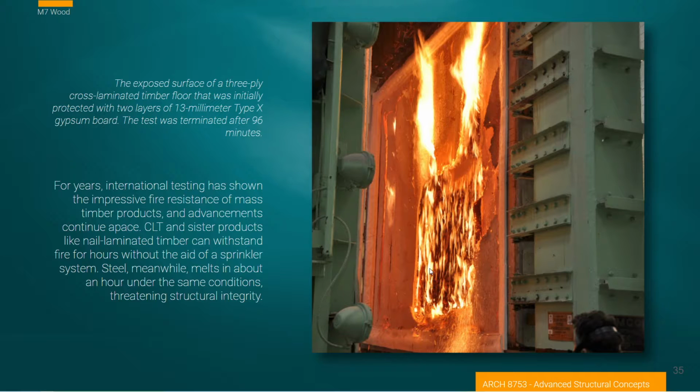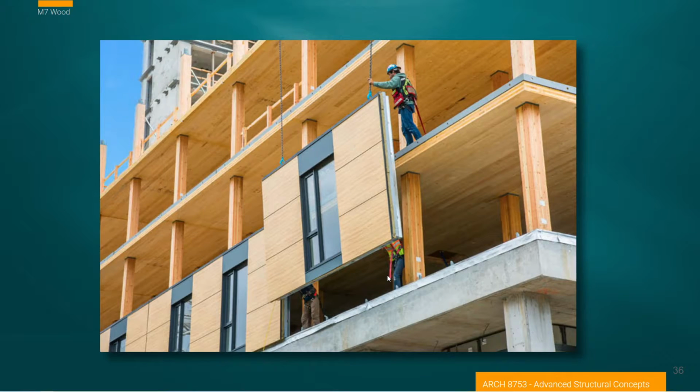So if you're exposing the wood in the structure, as opposed to steel and or concrete construction, you've introduced a fuel source into the building. So the building will stay up for a long time, but it will also be contributing to the fuel of the fire.